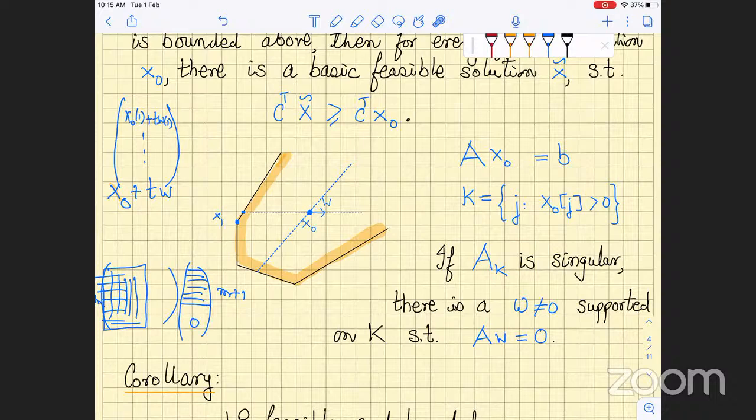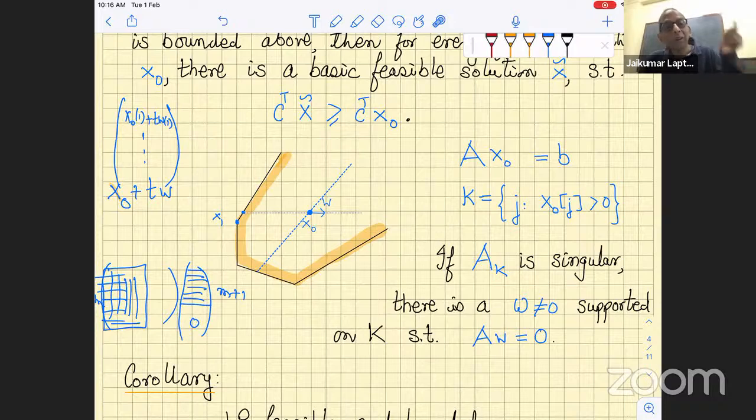Sorry, question. How did we say that this new solution's objective value is at least as much as that with X? I decree among all solutions. So I don't prove it. I say among all feasible solutions, we know that there is one which achieves this much. Restrict yourself only to those feasible solutions.